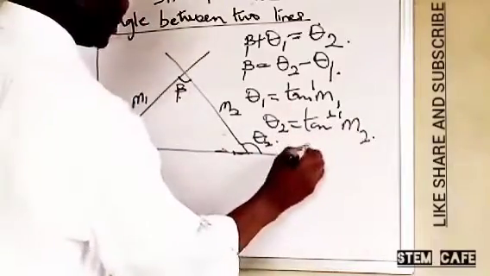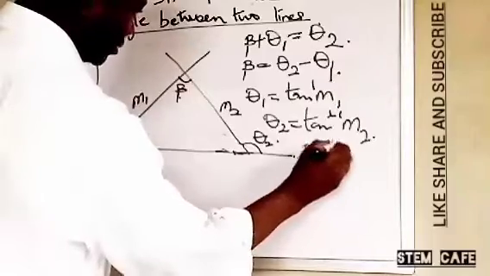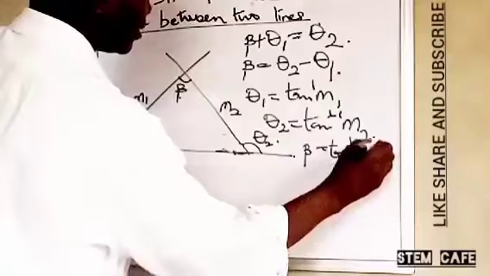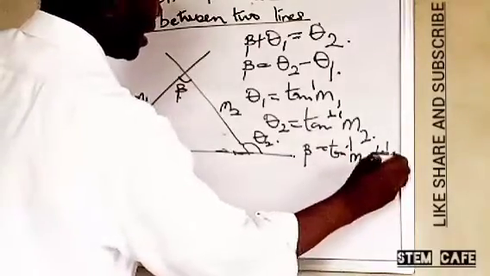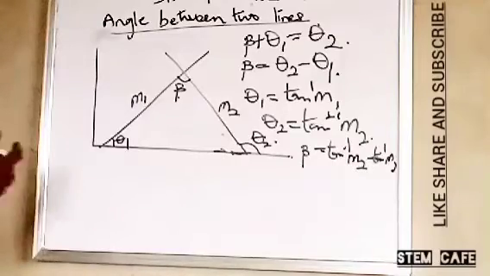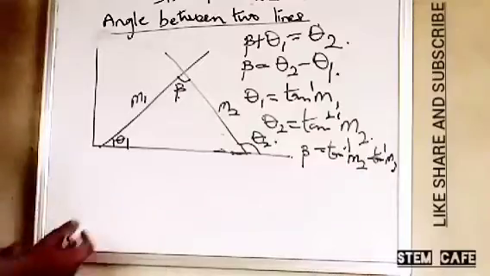So beta, the angle between the two lines, will be equal to arctan m2 minus arctan m1. You can also use our knowledge of the sum of trigonometric ratios.